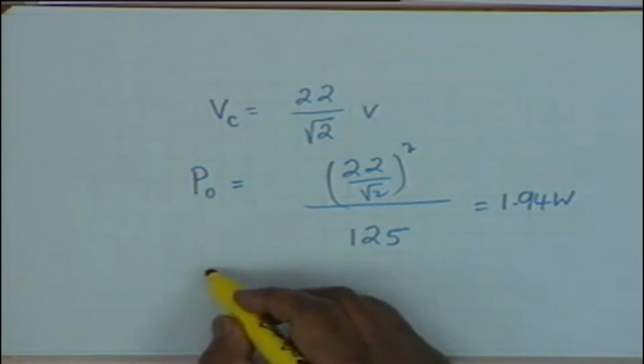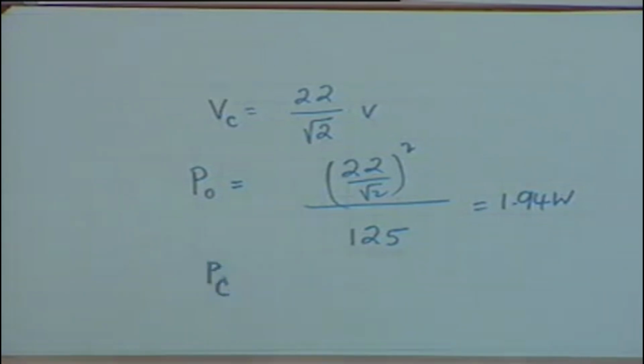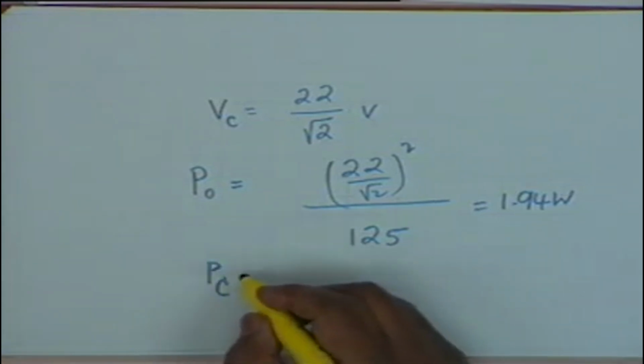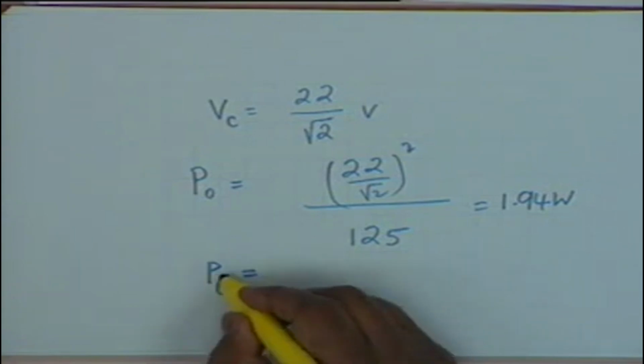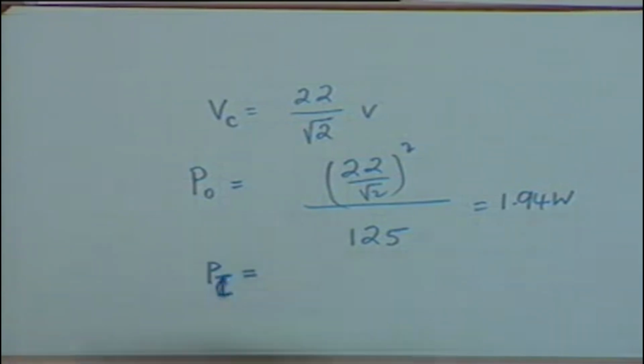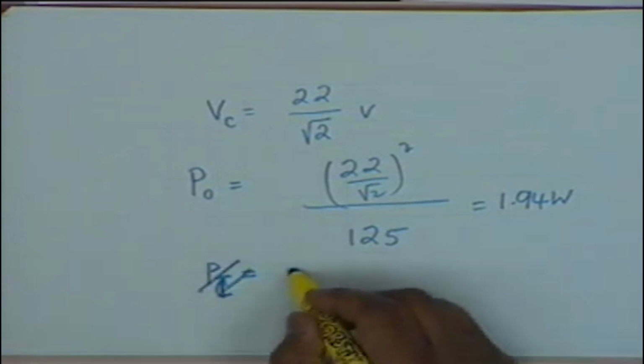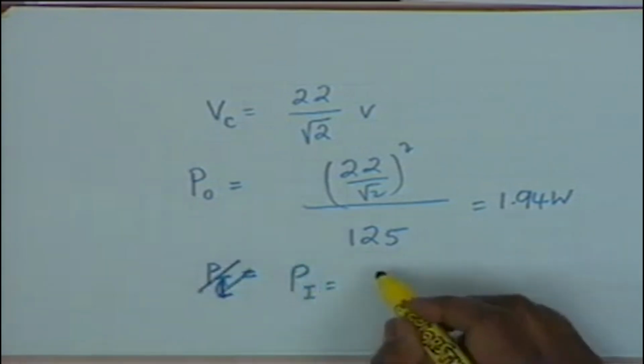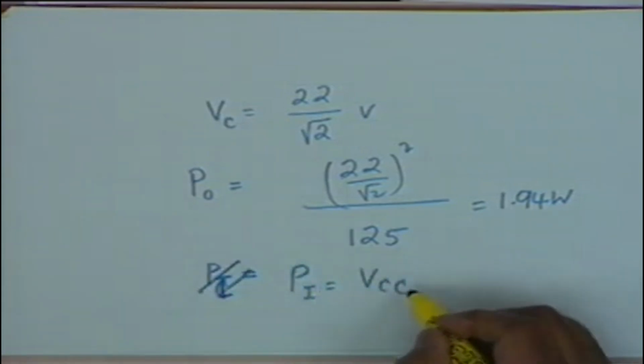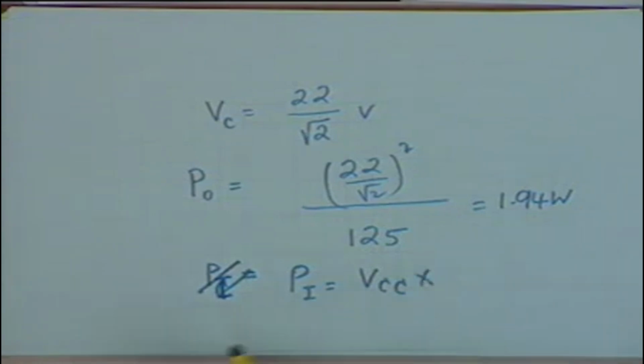The input power PI is simply VCC multiplied by whatever current is drawn from the battery.